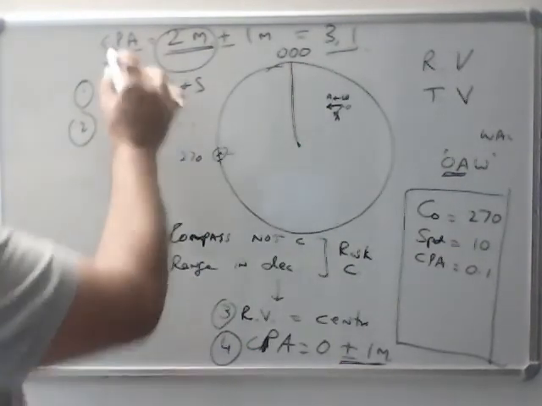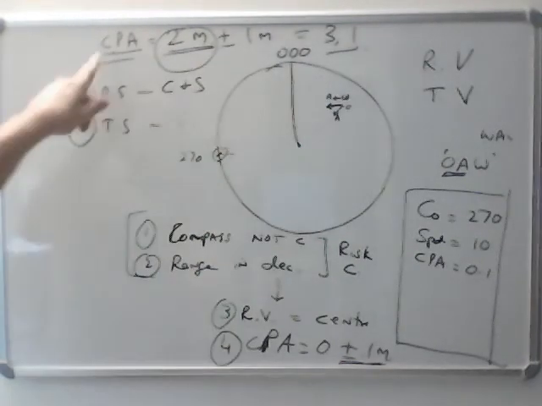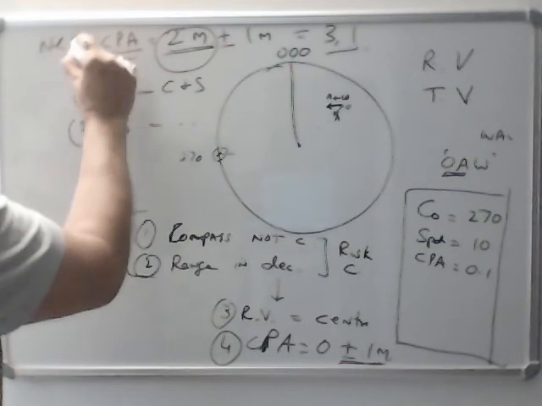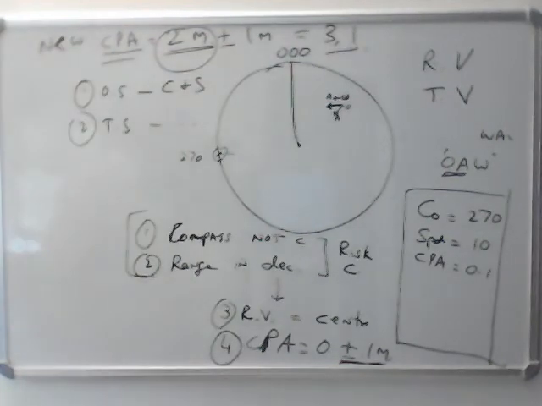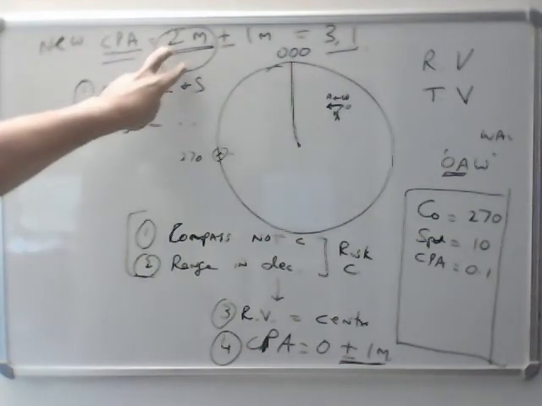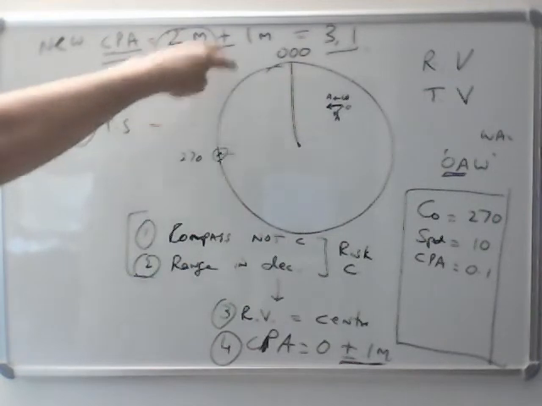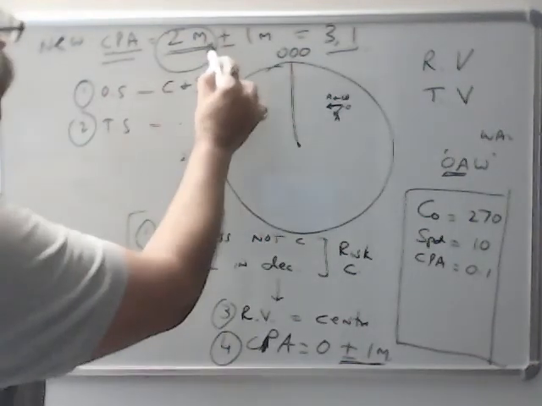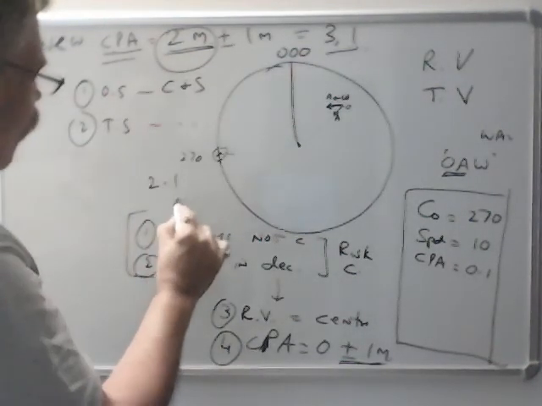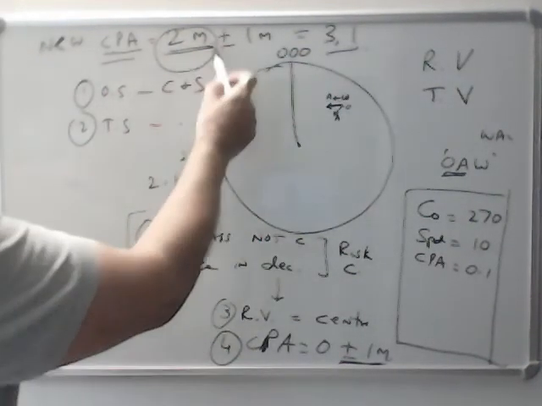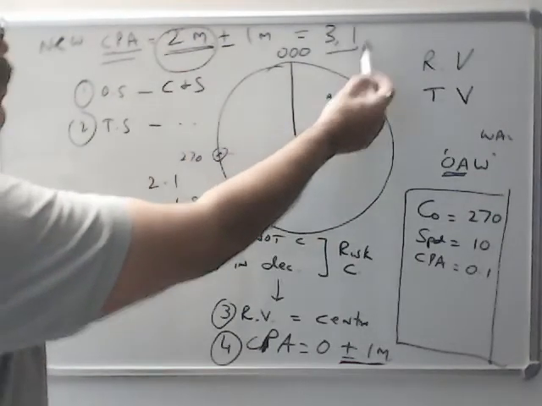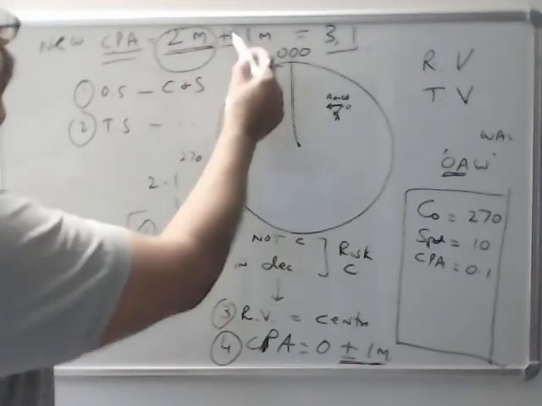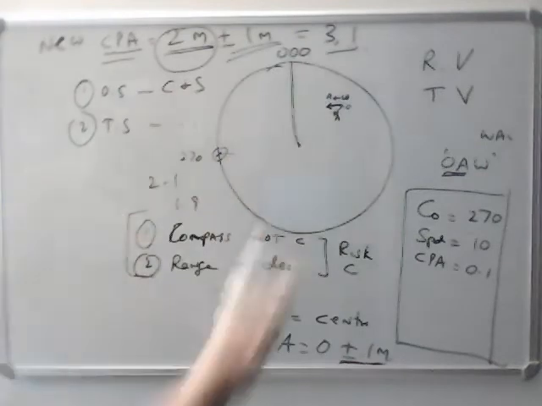So that's why ARPA calculates a new CPA every 1 or 2 minutes. And if you are getting a CPA of 2 miles when the target is 8 miles, 7 miles off, you can see after 1 or 2 minutes it will not be 2 miles, it could be 2.1 or 1.9. And finally, when the ship passes close to your own ship, it could be anything with plus minus 1 mile.